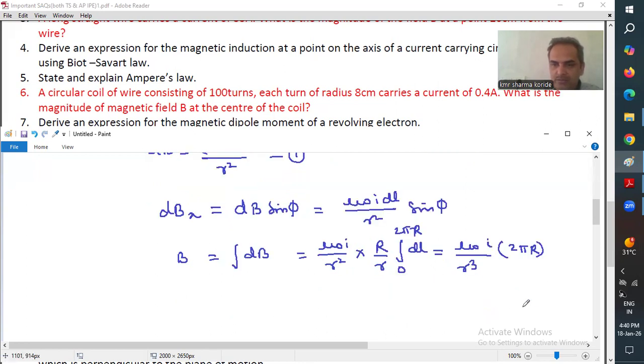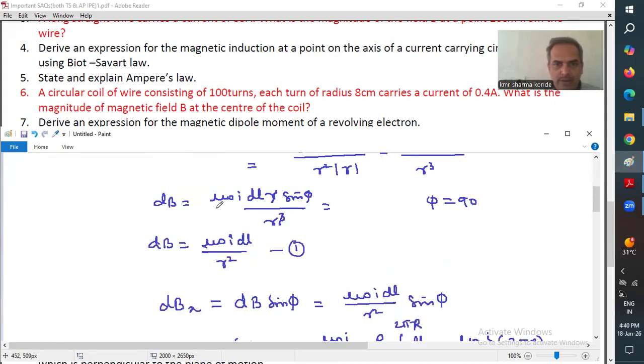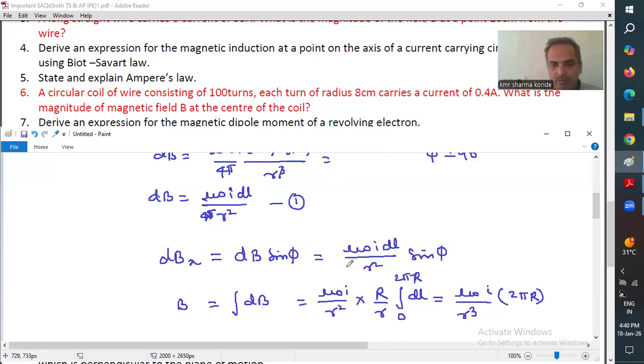So altogether, yes, we missed one point here. Everywhere there will be mu naught by 4 pi. This is going to be 4 pi, this is also going to be 4 pi, and even here also 4 pi.